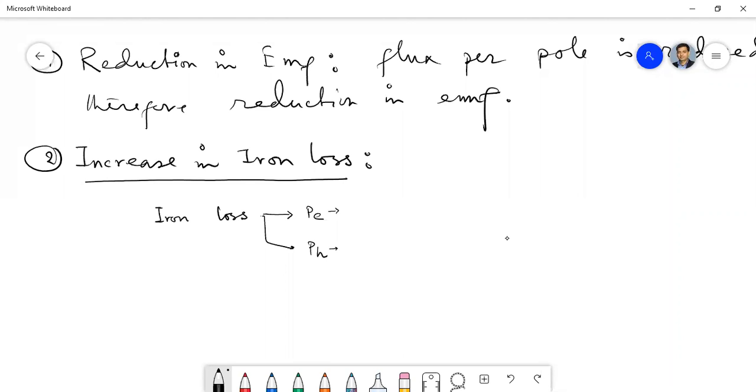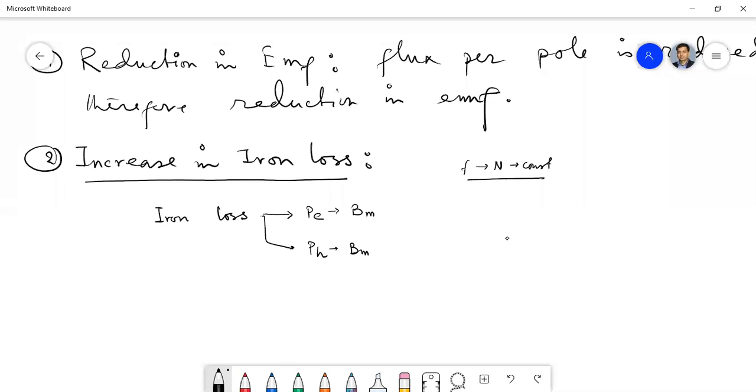Frequency, and the flux density. The frequency depends on speed, so it will be constant for constant speed operation. But another most important thing on which these two losses depend is the maximum flux density, Bm. That means the flux density level. So the losses depend on the flux density.